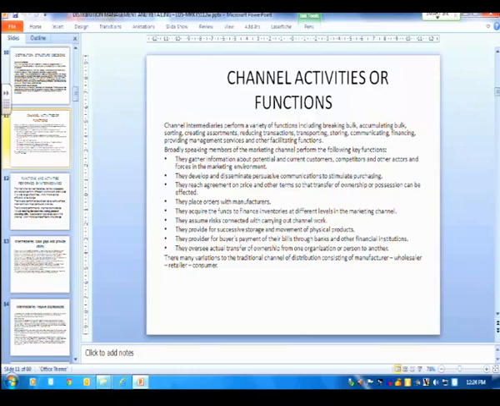And then lastly, they oversee actual transfer of ownership from one organization or person to another. There are many variations to the traditional channel of distribution consisting of manufacturer, wholesaler, retailer to consumer.